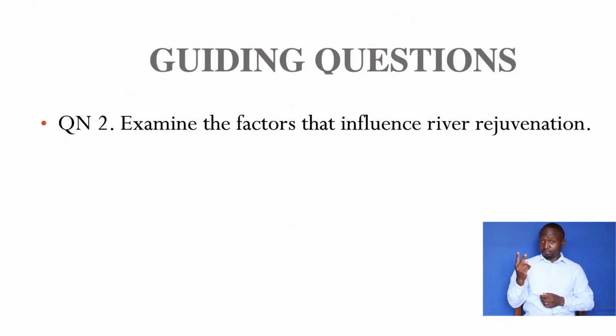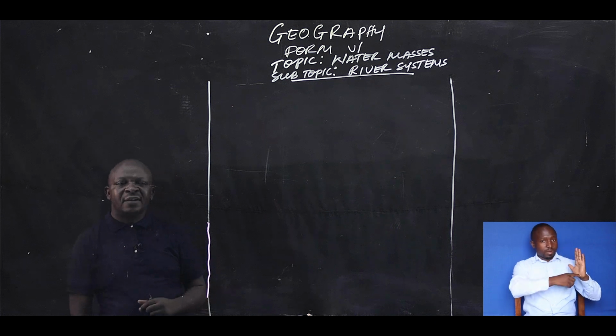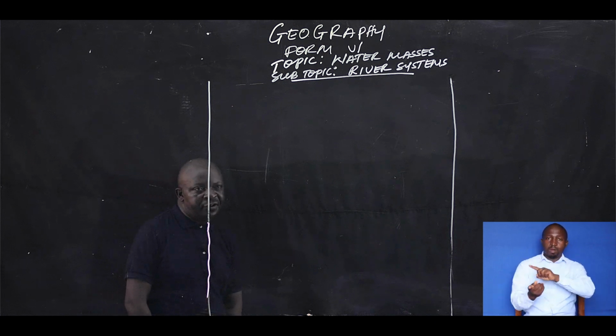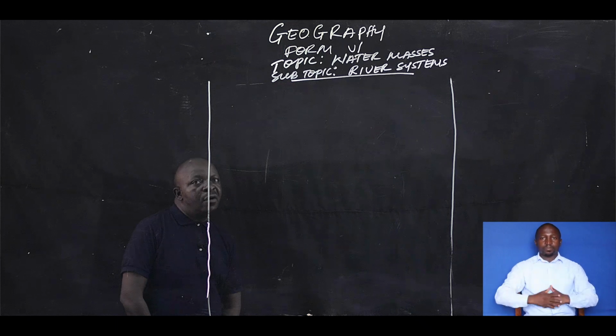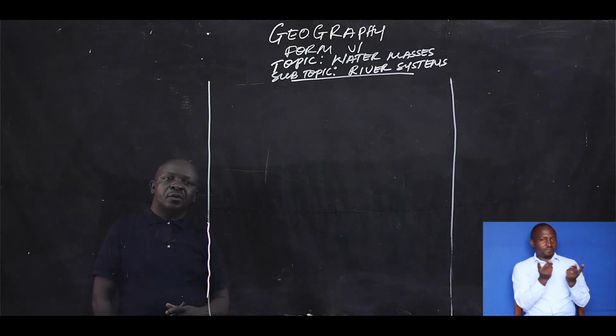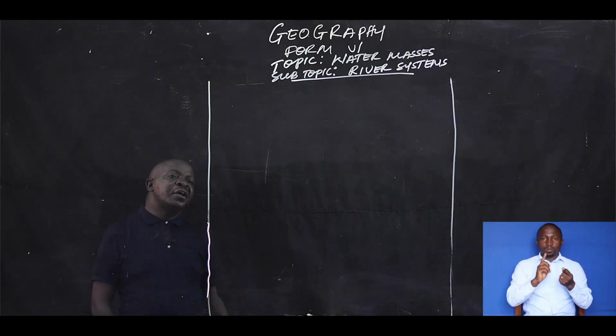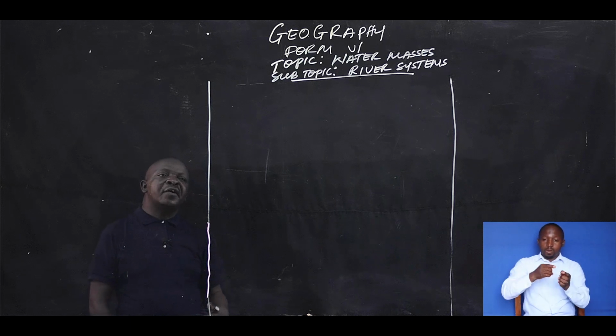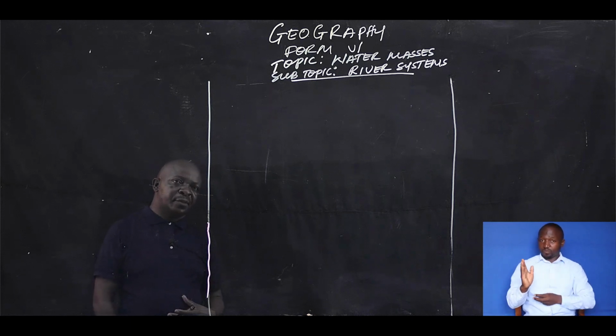So the question we have needs you to give what makes river rejuvenation occur: factors that influence river rejuvenation. Factors are those which make the different ways of river rejuvenation occur.